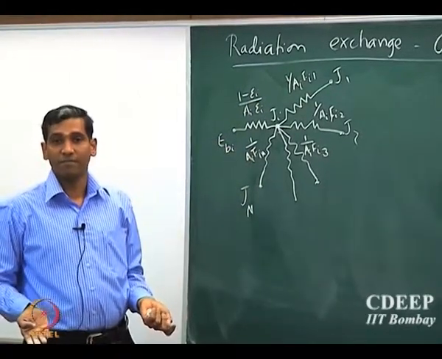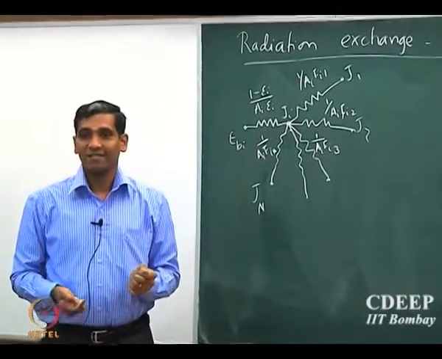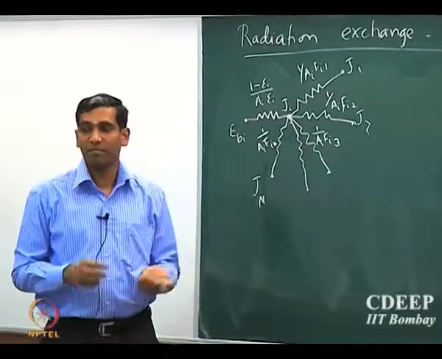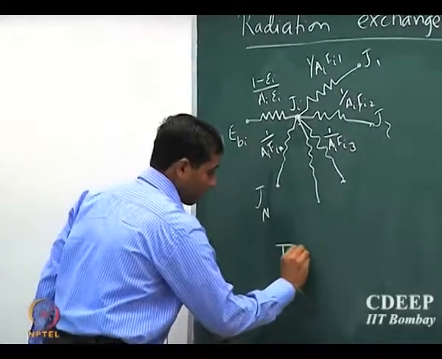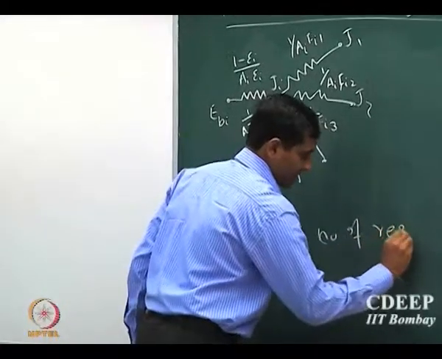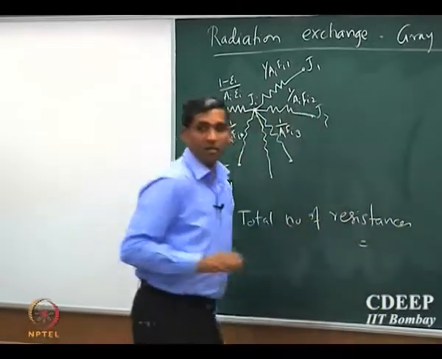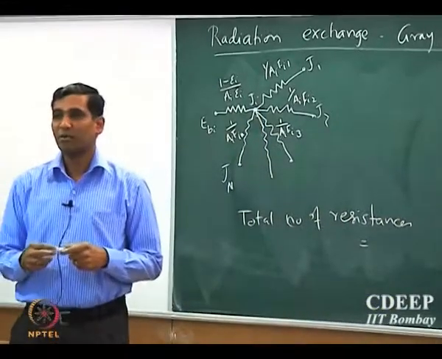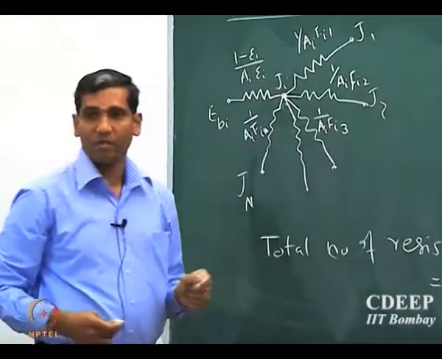So, how many resistances are there in total for this system? What is the total number of resistances? Every entity has n of them.